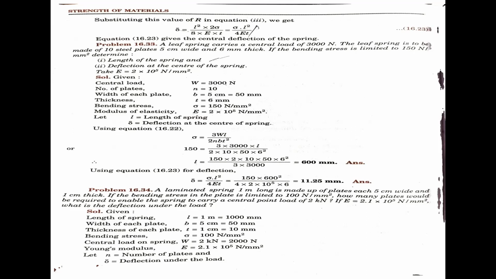Okay, now calculating deflection using the formula in equation 16.23. Here also, this equation: delta equal to sigma into L square by 4Et. I have to use the formula delta equal to sigma into L square by 4Et, that equals 150 into 600 square by 4 into 2 into 10 to the power of 5 into 6.